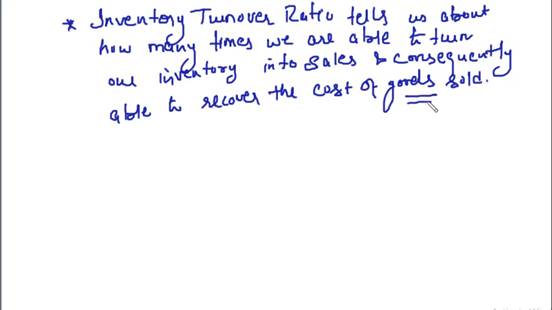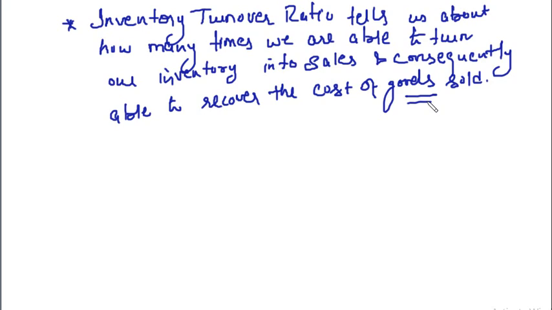Mr. A will try to sell all his inventory so that he is able to recover the cost of 50 lakhs that he has spent on buying the t-shirts. Are you getting my point, guys? This is the main motive of inventory turnover ratio. We have to see how many times we are able to sell our product and recover the cost that we have incurred on making or buying the product.